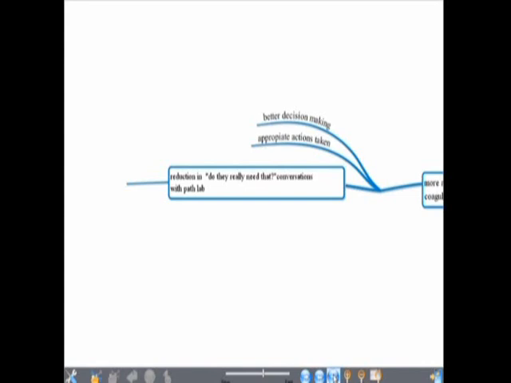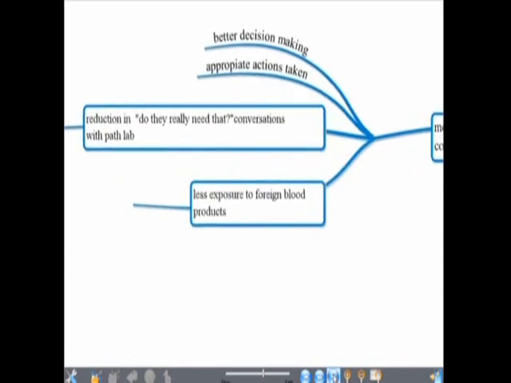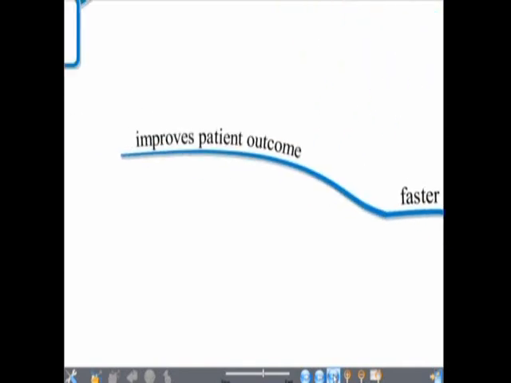Because the path lab can be quite, I don't know. I won't say anything. Less exposure to foreign blood products and faster results, which leads to hopefully improved patient outcome.